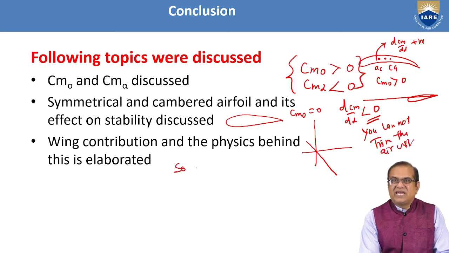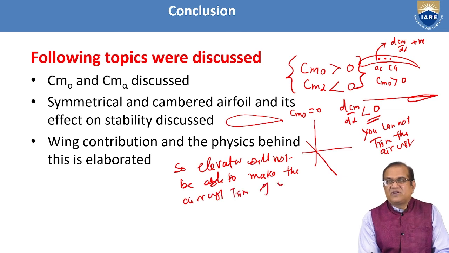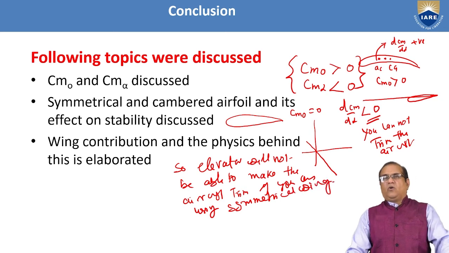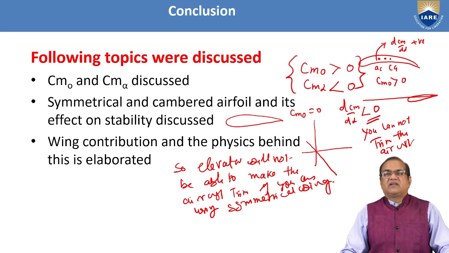The elevator will not be able to make the aircraft trim if you are using a symmetrical wing. Okay, so this is the reason why we are not using the symmetrical wing as the main wing of the aircraft.